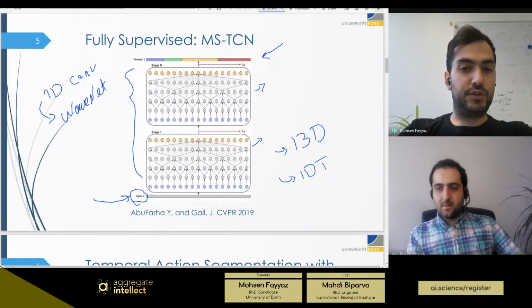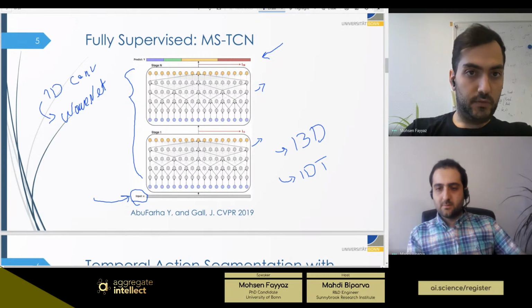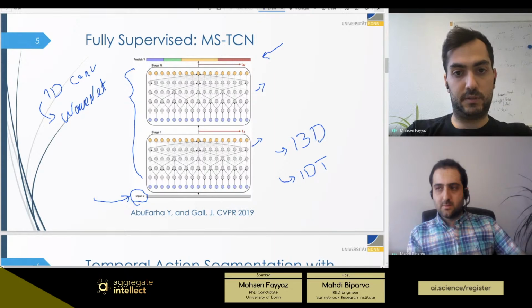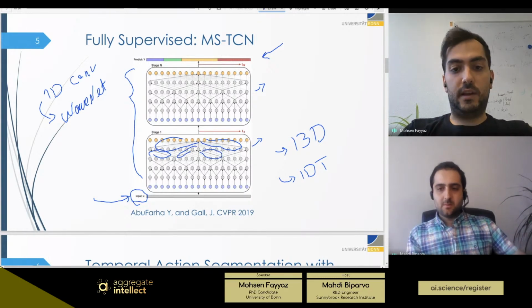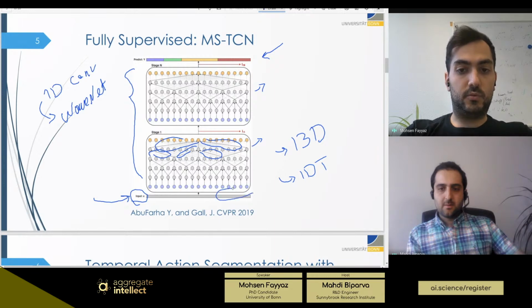And the question is, why is it good here? Why is this 1D convolution one of the perfect models for fully supervised action segmentation? The point is that they are using dilated 1D convolutions in this architecture. And as you can see, because of this dilation, in every layer of the architecture we will have really varying sizes of temporal receptive field over the input.